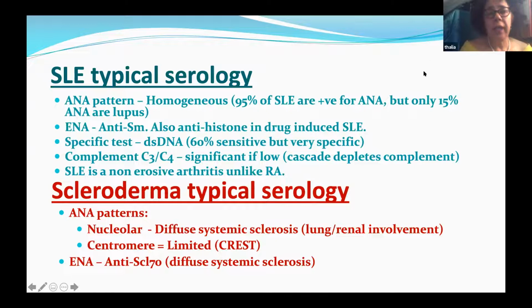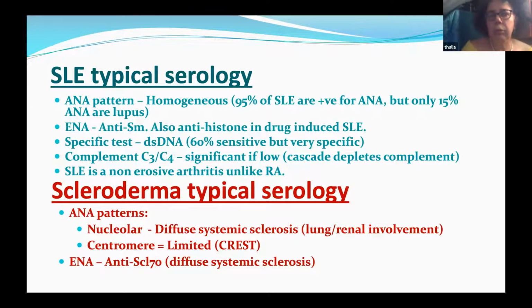If a patient has anemia, maybe something from the skin, not necessarily, may have systemic symptoms like headaches, photosensitivity, and ANA positive, double-stranded DNA positive, then we think about lupus.